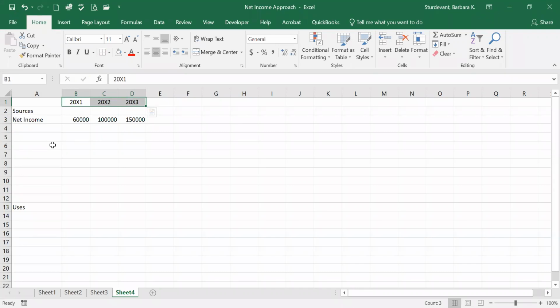Where does it go? Is it a source or a use? Oh, source. Okay, good. All right, and so all we're going to do is add back the depreciation, which was 200,000.